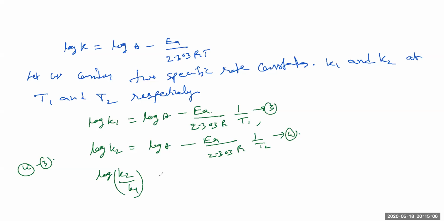Taking minus, it is equal to minus EA by 2.303 R, which is common, into 1 by T2 minus 1 by T1.